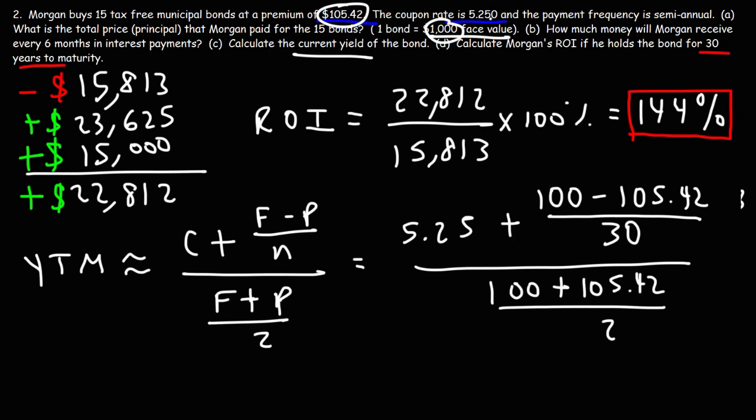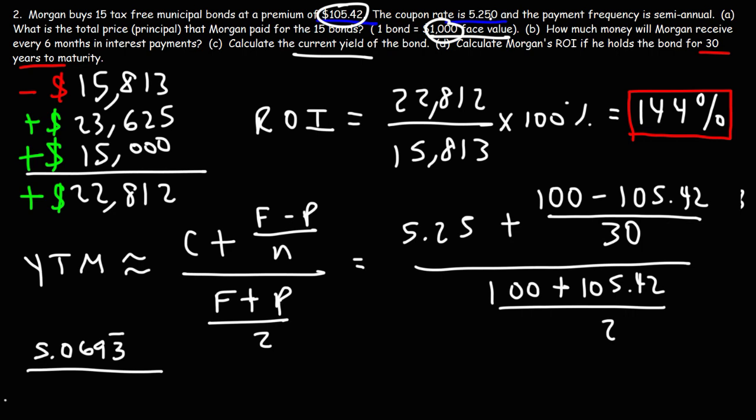Now let's go ahead and plug these numbers in. 100 minus 105.42 divided by 30, that's negative 0.1806 repeating, and then add 5.25 to that. And so you get 5.0693 repeating on top. On the bottom, 100 plus 105.42, that's 205.42.